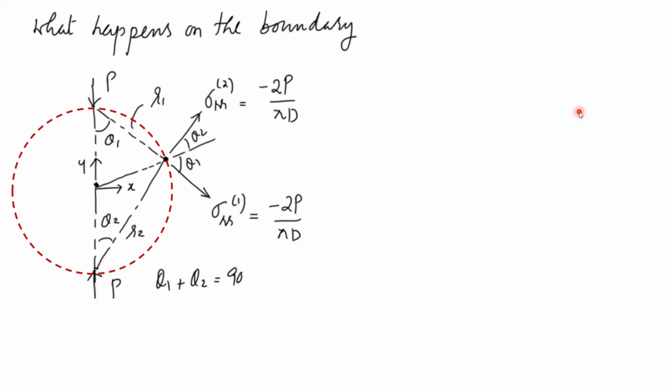All you have to do is move that point onto the boundary of the circle here. Now from the first Flamant solution, you have sigma rr1 acting like this, given by minus 2P by pi d.